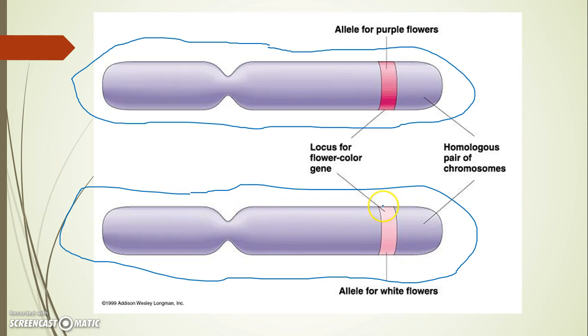Within the gene are these little bands. These are the alleles. And these alleles decide which characteristic is what. The example they're using here is for the flower color. This allele is for purple flowers on the father, and the mother's allele is white.